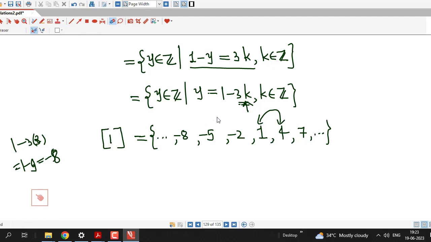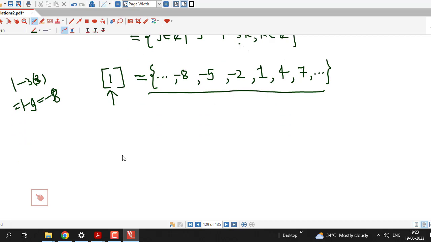And as we have discussed, the equivalence class generated by all these integers will also be equal to the equivalence class generated by 1. And in a similar way, we can write down the equivalence class generated by 2 also.